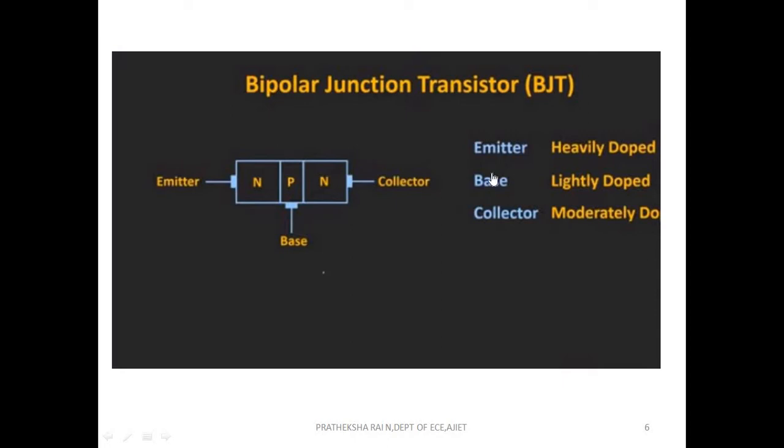If we talk about the width of these three regions, the base region is much narrower compared to the other two regions. In terms of width, the collector region is wider than the other two, because the job of the collector region is to collect the electrons supplied by the emitter, and in fact that is why it is known as the collector.